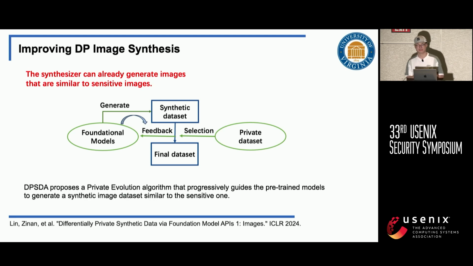But it is noted that these two datasets are not exactly the same, because in order to satisfy the DP guarantee, we should add some noise to this distribution. But in this paper, these foundational models have seen images similar to the sensitive dataset, and we hope to follow another kind of assumption.